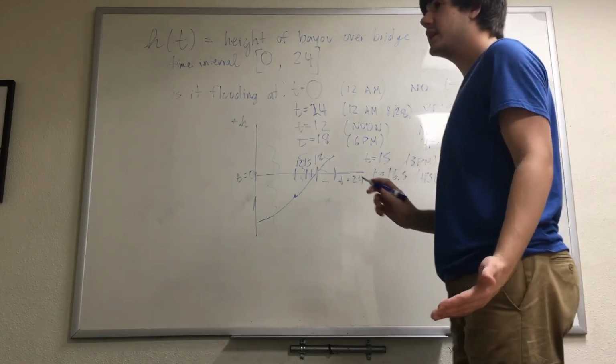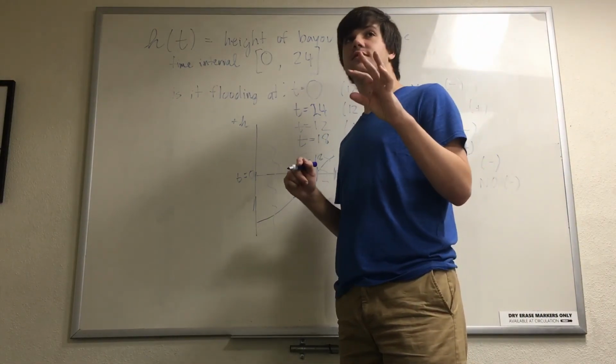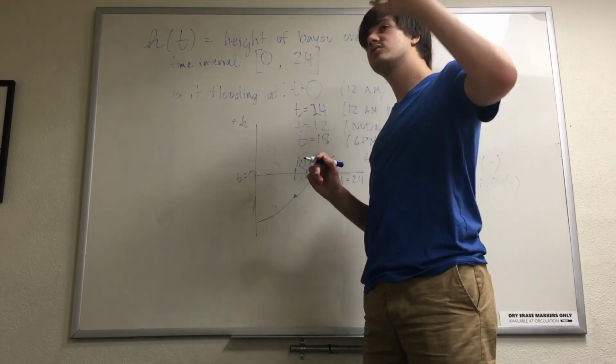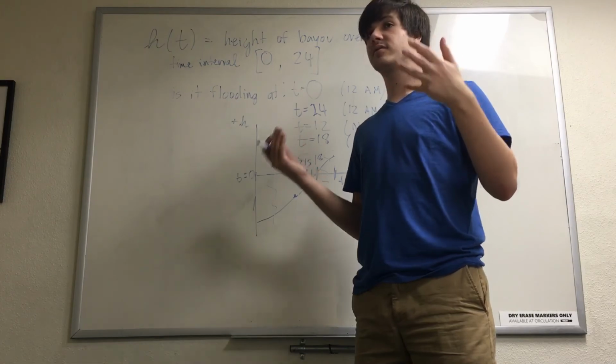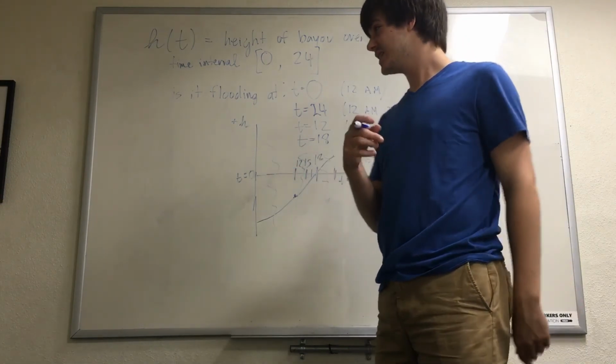And we'll keep on going until we eventually reach some time that we find a number for, where the difference from that actual flooding height is going to be smaller than some value that we set at the beginning.